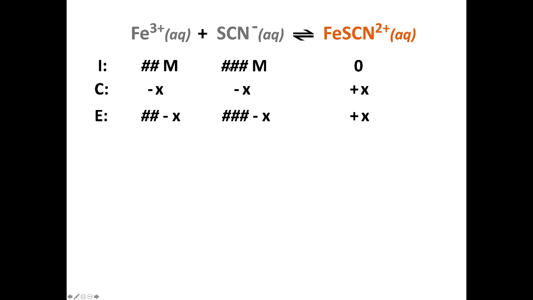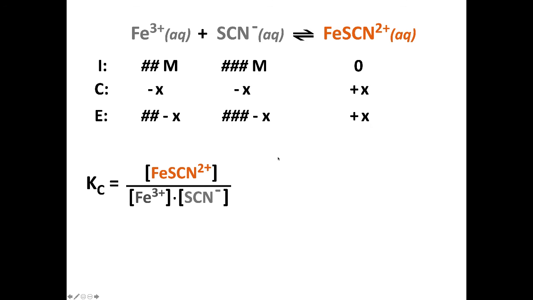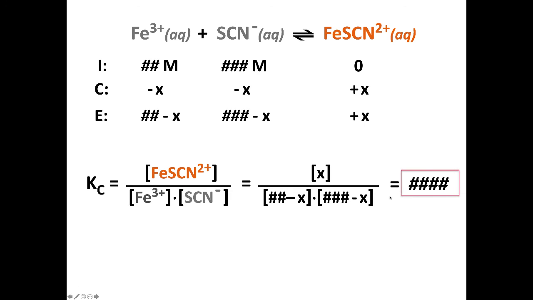You will have calculated the initial molarities from the dilution, and so that means we can now plug these into the equilibrium constant expression, K sub C, and we'll plug in whatever we got for X, the Fe3+, some number minus X, and the SCN-, some number minus X. That will yield a number.